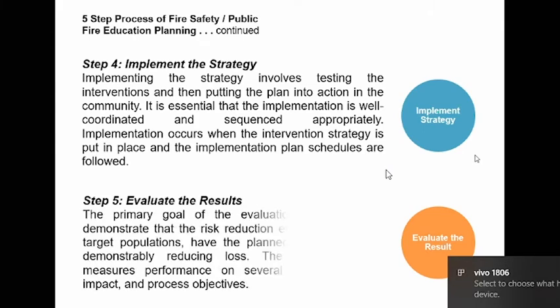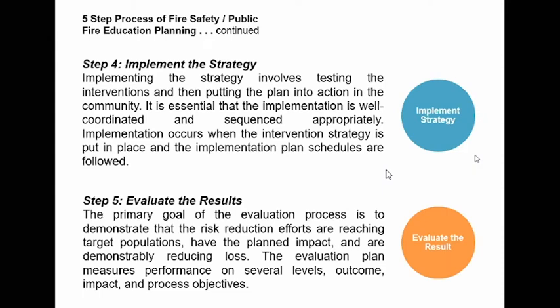Number 5. Evaluate the results. It says here, the primary goal of the evaluation process is to demonstrate that the risk reduction efforts are reaching target populations, have planned impact, and demonstrate the reduction of loss.